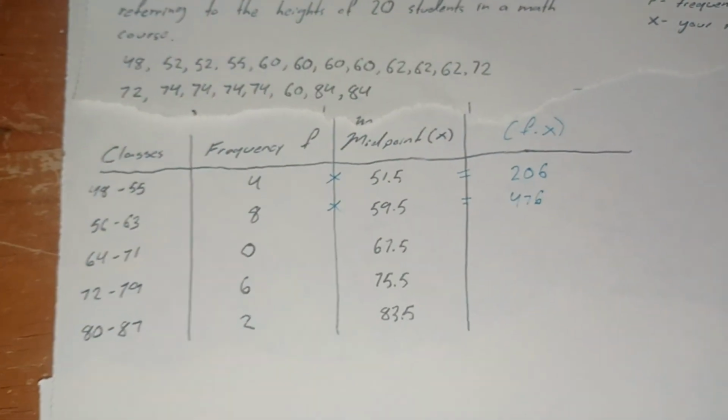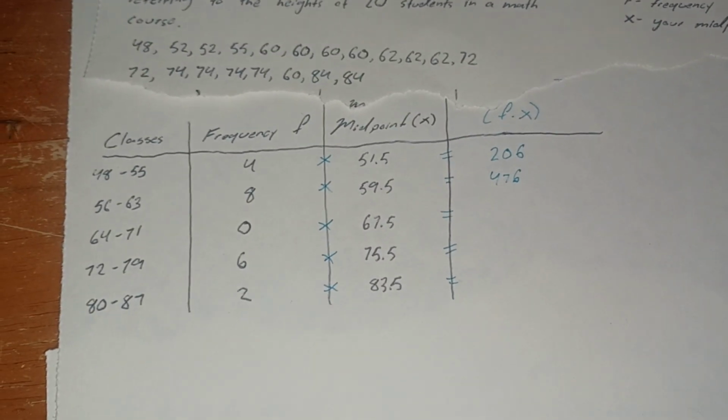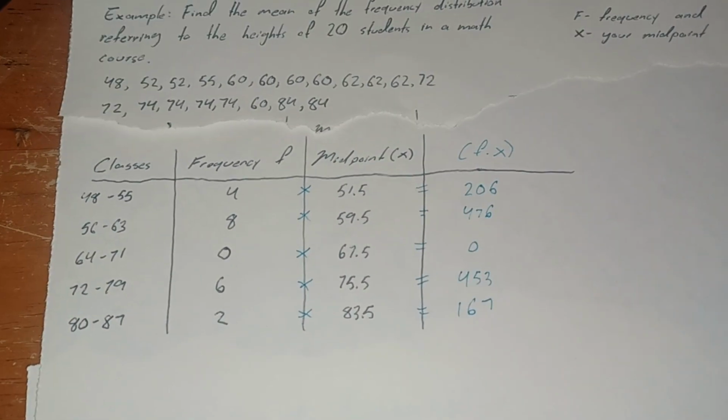Now that you get the whole idea of it, just multiply every single value and put the product into this fourth column. Do that for all of the values that we have here, and we'll come back and see what we got.